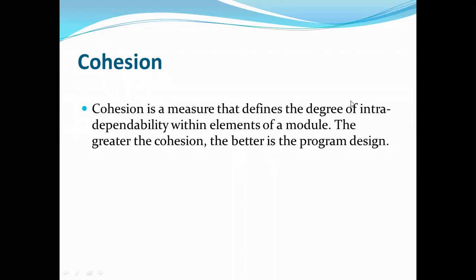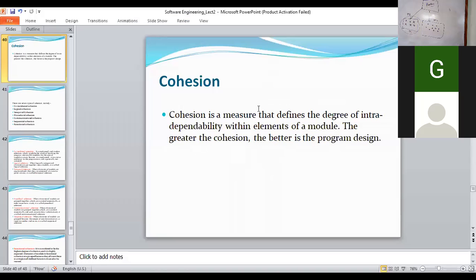modularization and cohesion. In this diagram, I am drawing it to show you how this works in modularization. In the diagram on the board, you can see there is a problem, and this problem is being divided among two modules, M1 and M2.